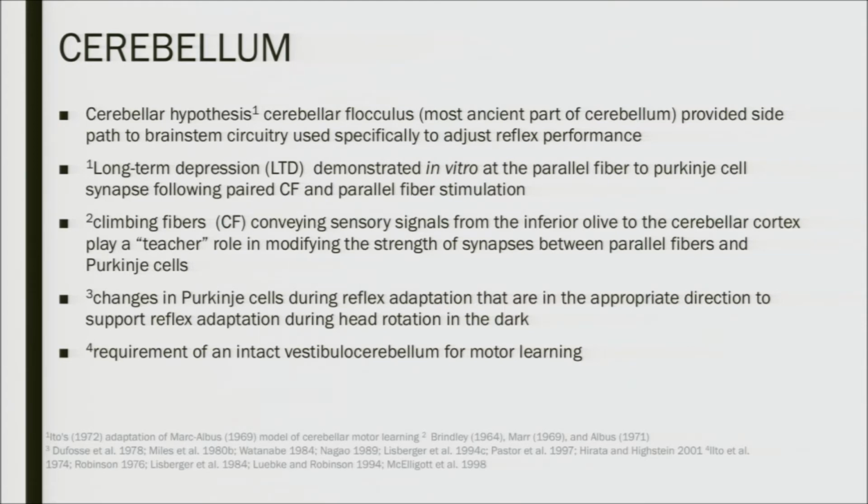So climbing fibers and parallel fibers stimulation. There were changes happening in the Purkinje cells within the flocculus, and that showed that probably this could be a site of motor learning. And in another experiment they removed the vestibular cerebellum and realized that motor learning is getting affected. So these were the evidences that the cerebellum could be the probable site.